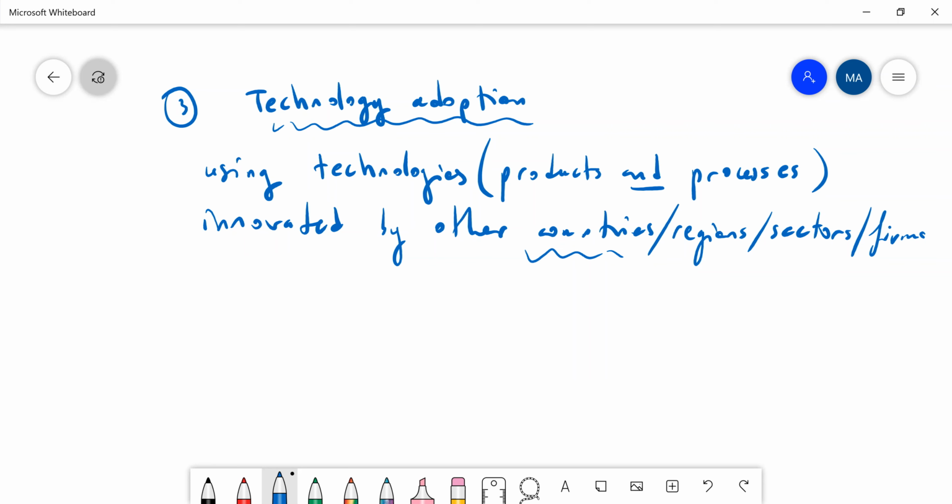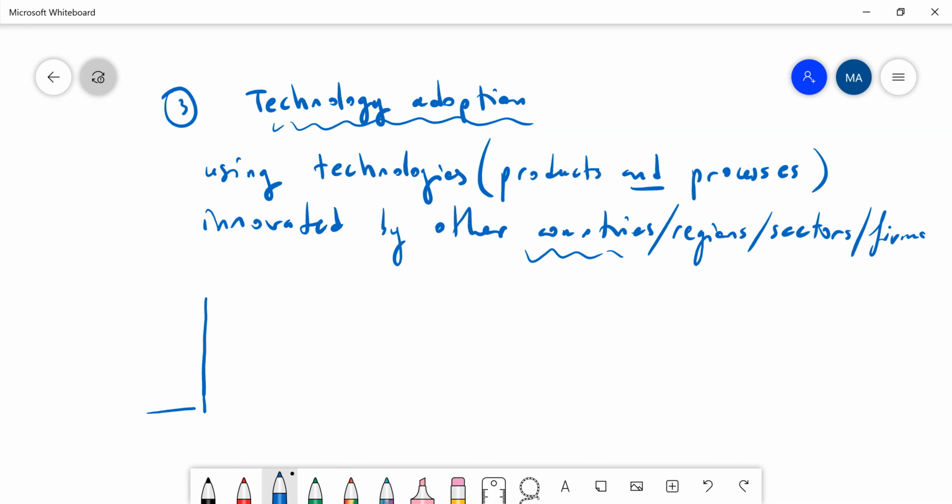When they do that successfully, there is also productivity gain. So when a country successfully adopts technologies, they also create productivity increases. Now the idea of technology adoption can be summarized in this way.